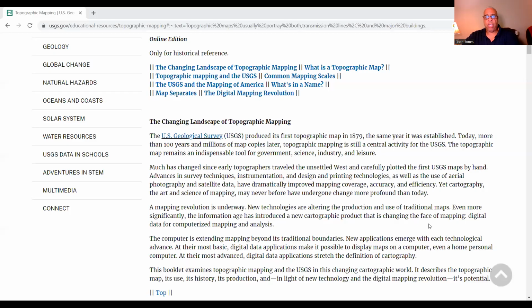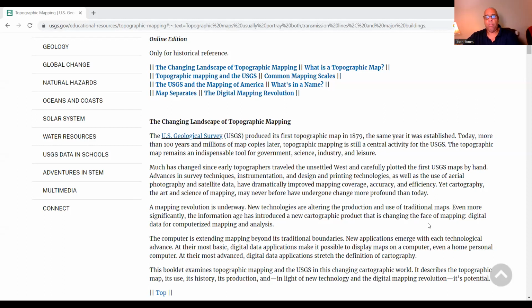The changing landscape of topographical mapping. Now, the USGS, which stands for the U.S. Geological Survey, produced its first topographical map back in 1879, the same year it was published. Today, more than 100 years and millions of map copies later, topographical mapping is still a central activity for the USGS.